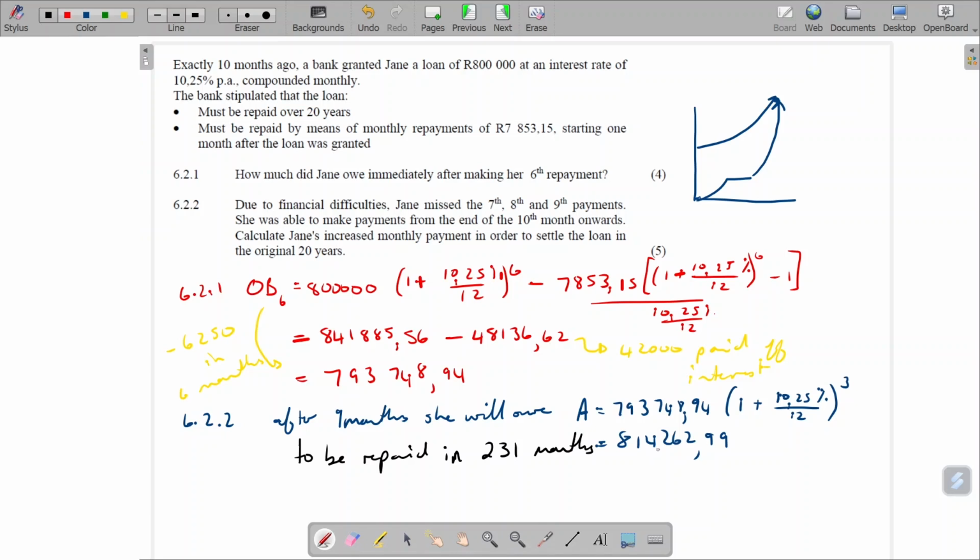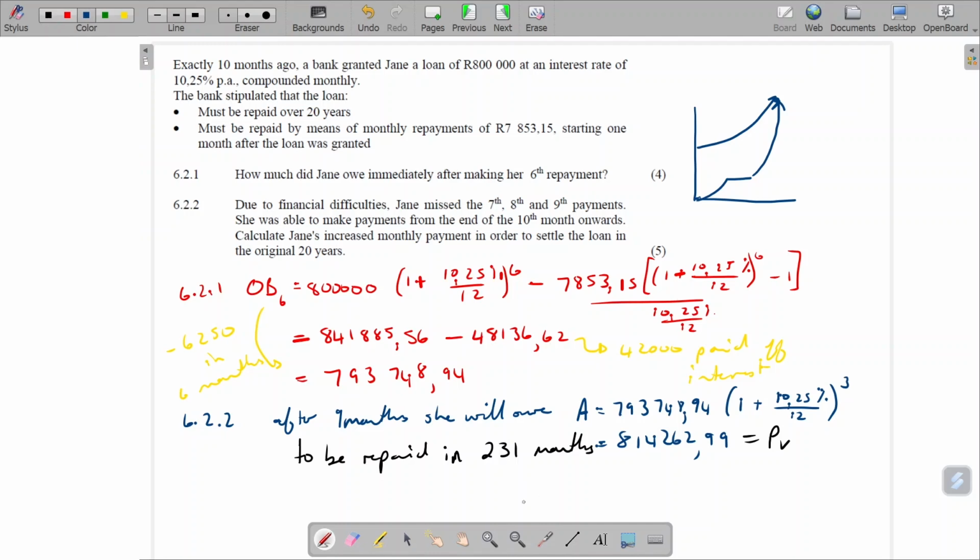Unfortunately, she now has to repay this total amount in 231 payments. This is the present value formula, so this is what it currently is worth. So this is going to be our PV, and we plug it into our formula.